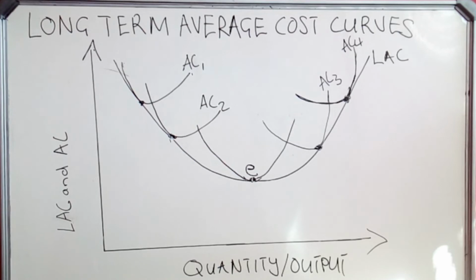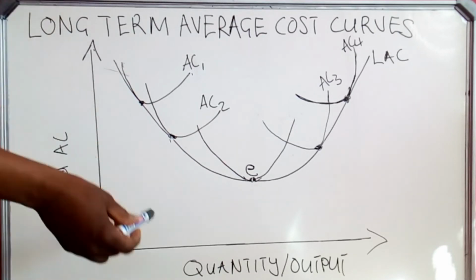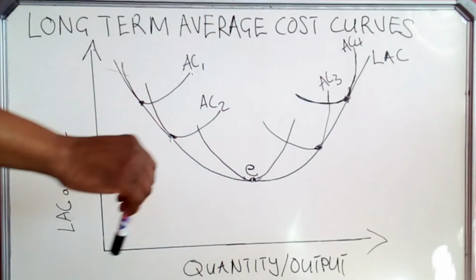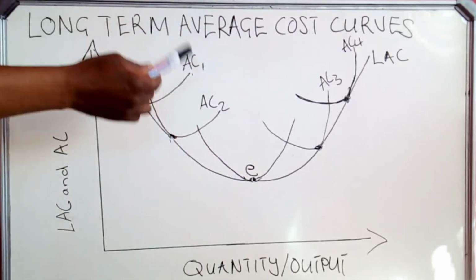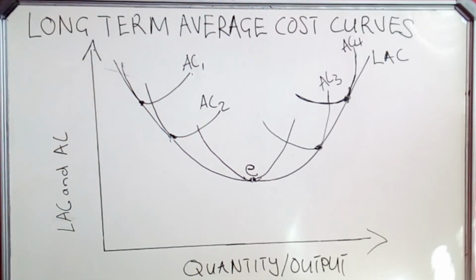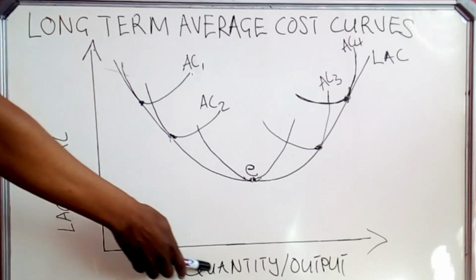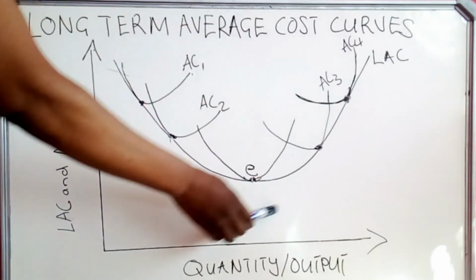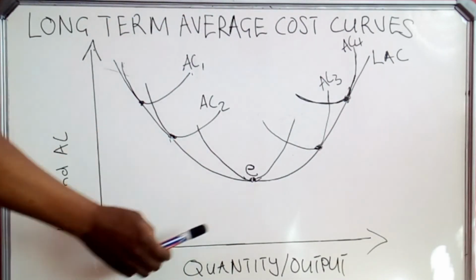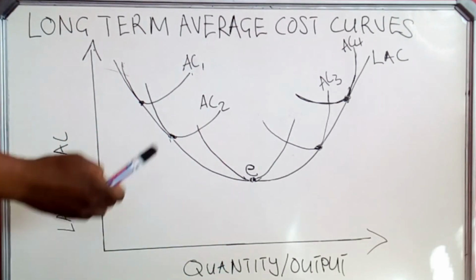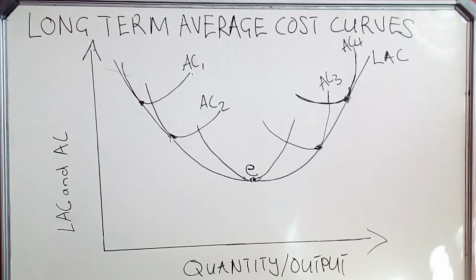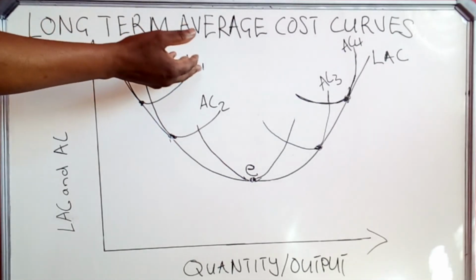So we want to make sure that we increase output, or quantity produced, while at the same time decreasing the average cost, which is the unit cost. Remember, to get the average cost, we take total cost divided by the quantity that is produced. Using this, we can see that at this point our firm produces the highest quantity possible at the lowest possible cost.